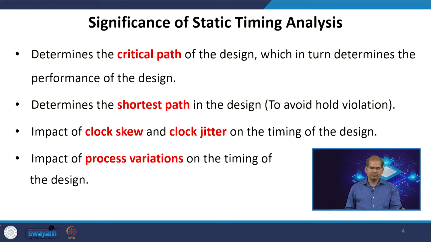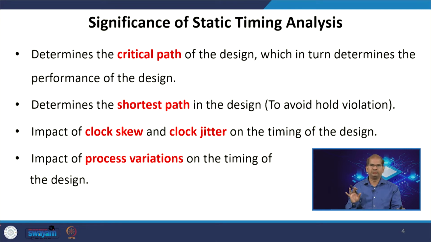But if we do only that, it is not enough for a chip design, because sometimes there are short paths in the design which are very important from a design point of view. Let us say we only analyze the critical path or the longest path and find the speed of the design, and at the same time we do not do any analysis for the short path.